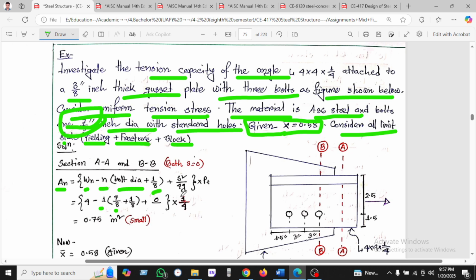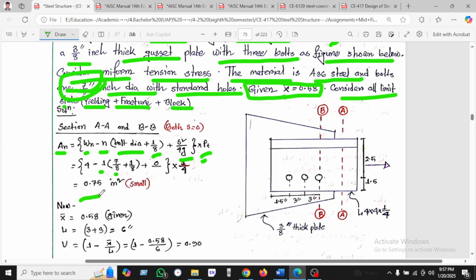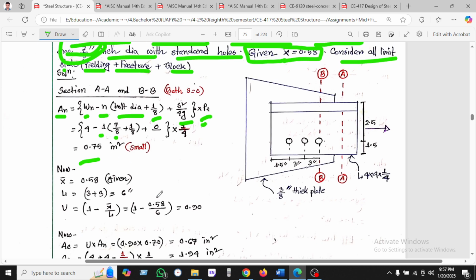The s squared over 4g term applies if staggered, but there is no stagger. The plate thickness is 1/4, and we found 0.74. Then x bar is 0.58, given, and L equals 3 plus 3, which is 6 inches.